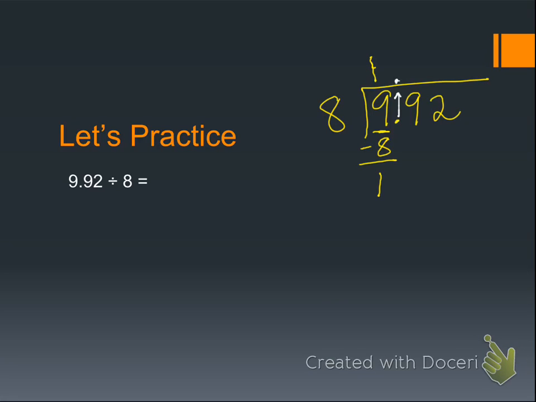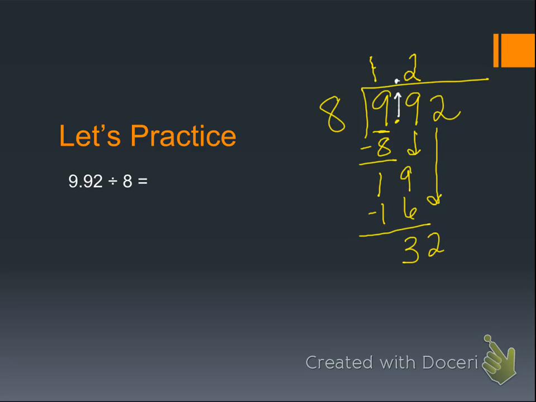Now that I've done that step, I'm going to bring down the 9. 19 divided by 8 is 2. And again, I'm writing that 2 right above the 9 that I brought down. 2 times 8 is 16. Subtract and we get 3. Next, I'm going to bring down that last 2 that is in my dividend, and I'm going to divide once again.